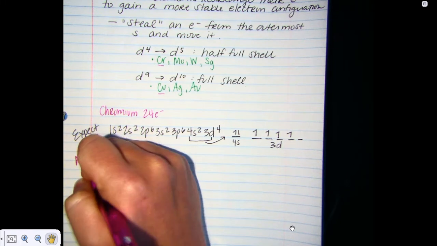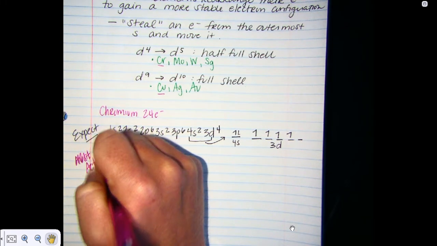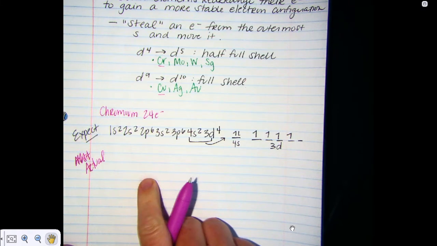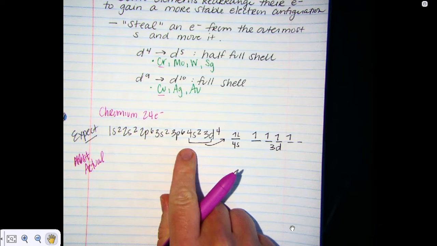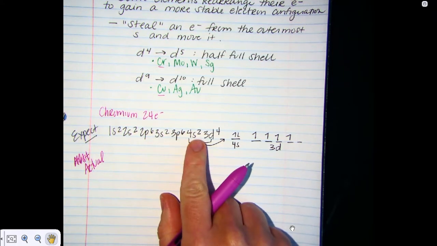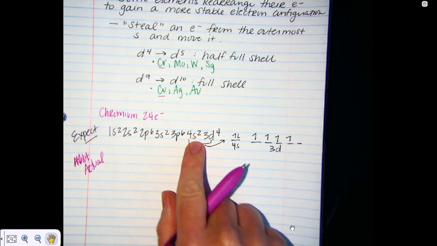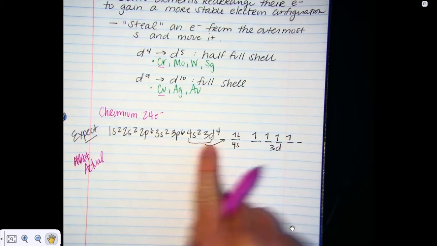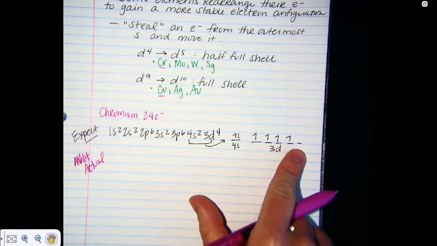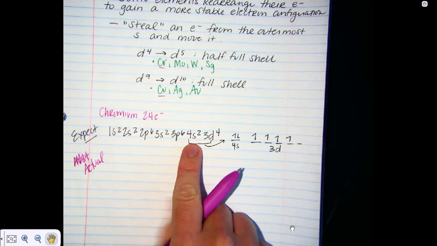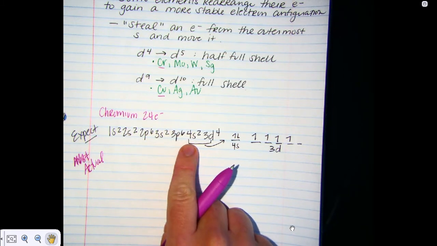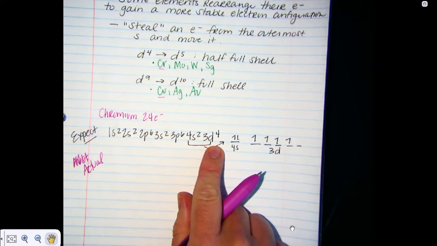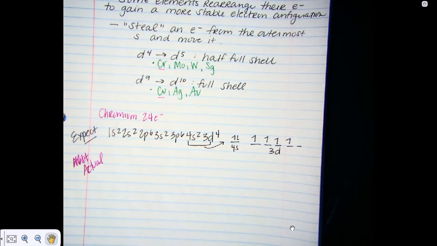There we go. What we actually see is that the 4s, which is our outermost energy level, gives up one of those electrons that it has to the 3d, so that 3d will then be half full. And so because this is on the outside, the outermost energy level, but it fills first, which is why it's full, and the 3d, which fills after but is actually below it, fills second.